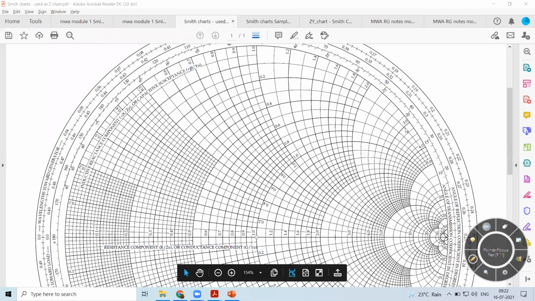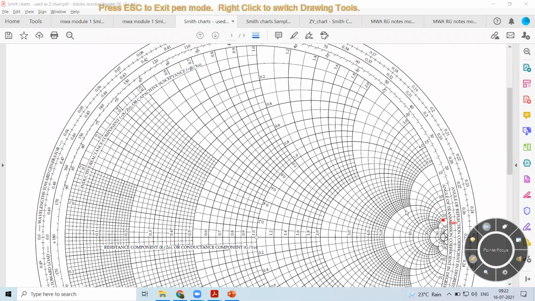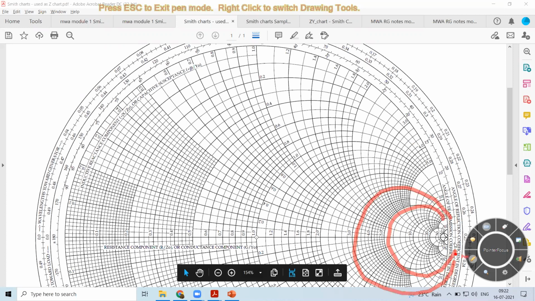So whether you are using it as an admittance chart or an impedance chart, if you have resistance or conductance, these are the circles you will be using, whether it is conductance or resistance.